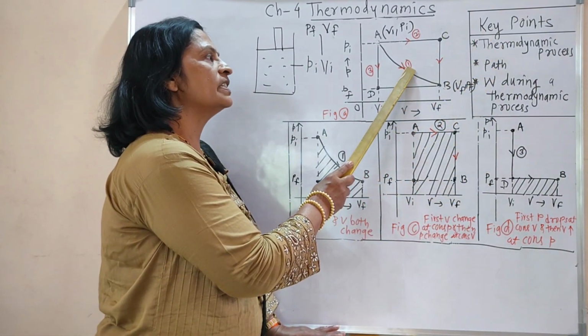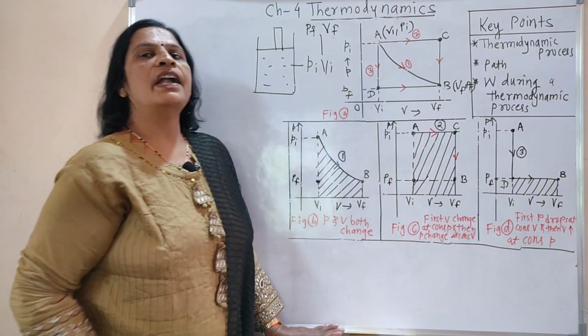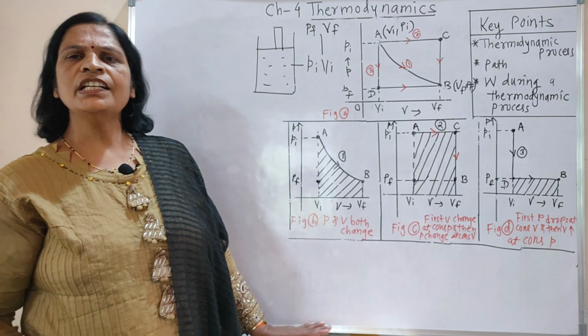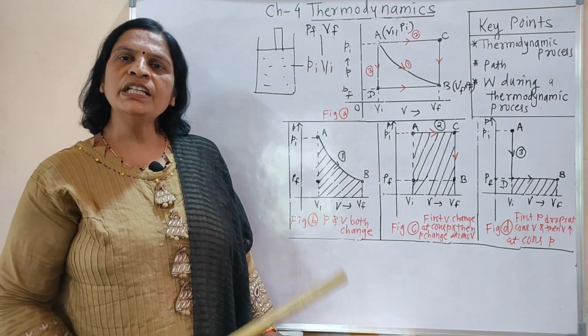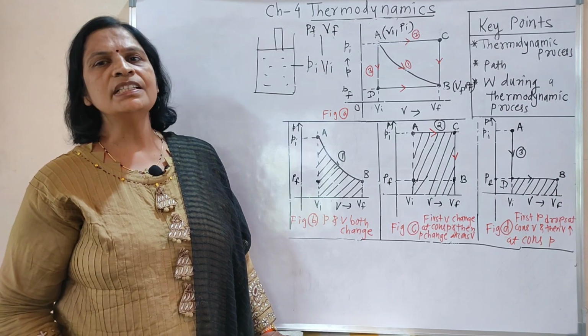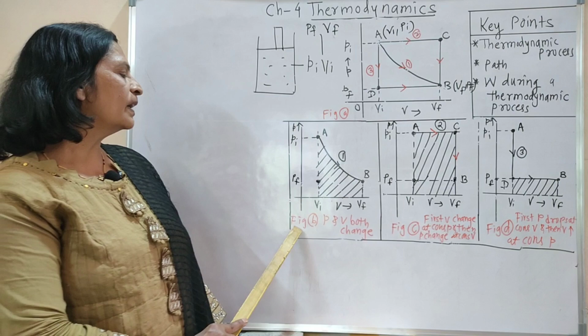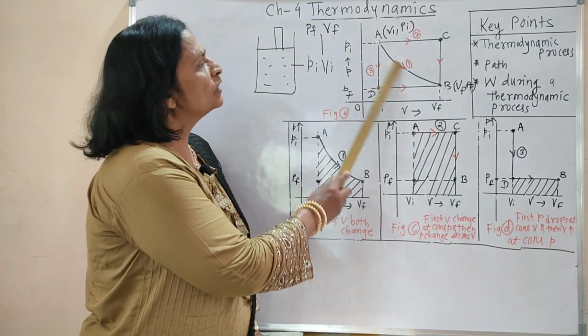This is path first, this is path second and this is path third, and we have to calculate the work done during path first, path second and path third.